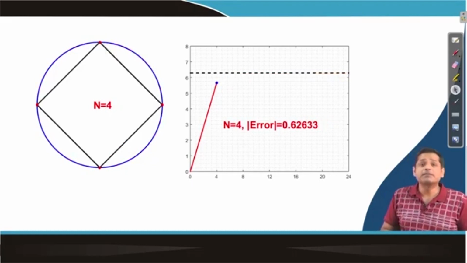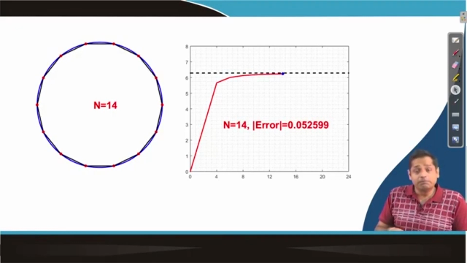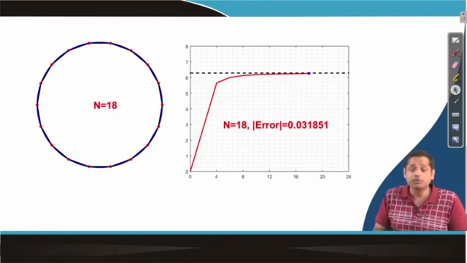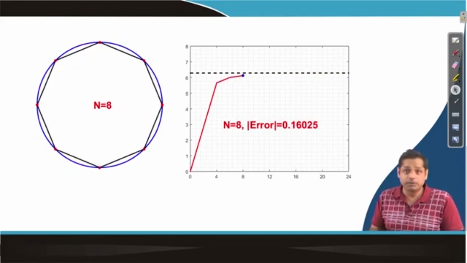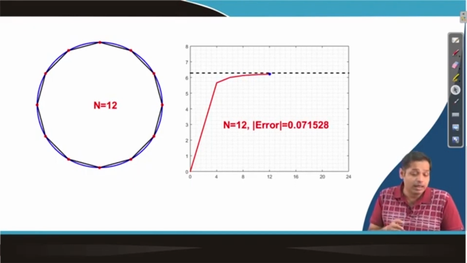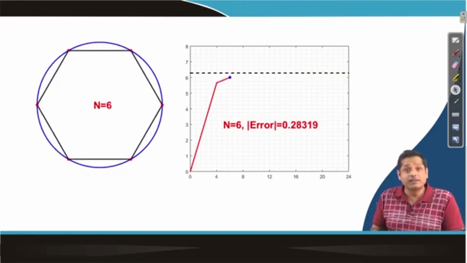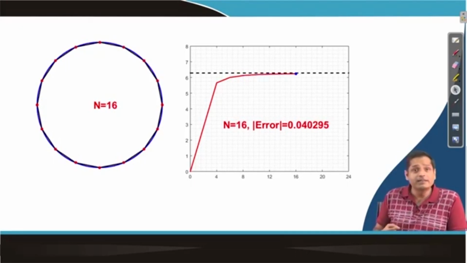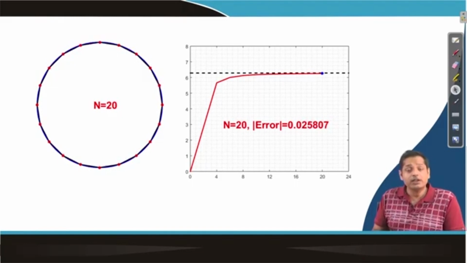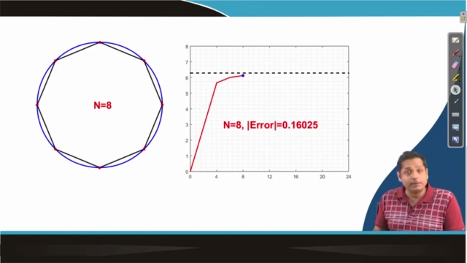One important point is that if our physical system is complex, we cannot have a solution of the system as a whole. We can break the system into small subsystems. We can break the domain into small subdomains, like we have done here in this example, where the entire circle is represented by piecewise linear segments. And how many linear segments depends on what accuracy we want. If we increase the number of such segments, we have better accuracy.